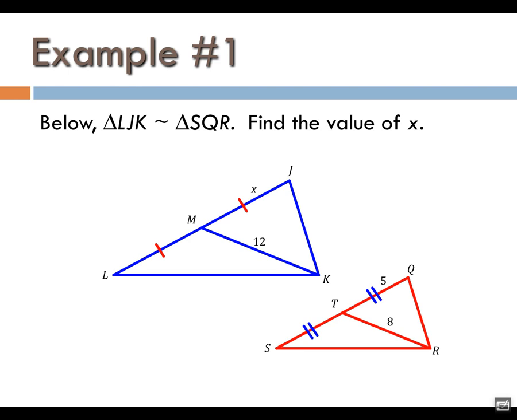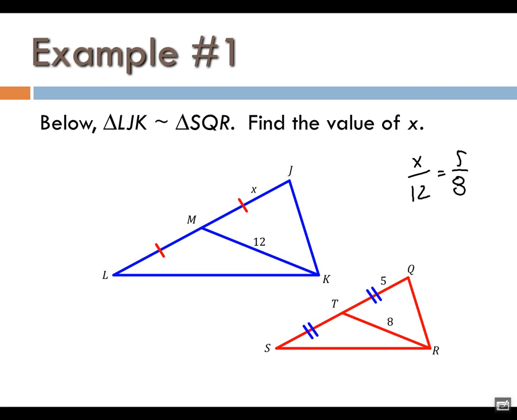Did you get 7.5? I did x over 12 is equal to 5 over 8. So you did the median over median equals variable over corresponding side.